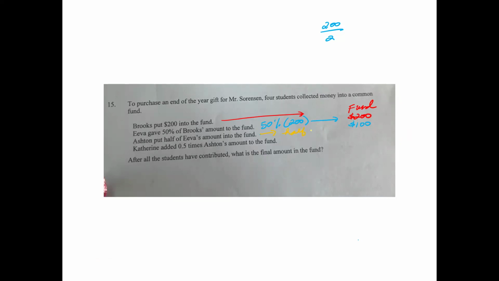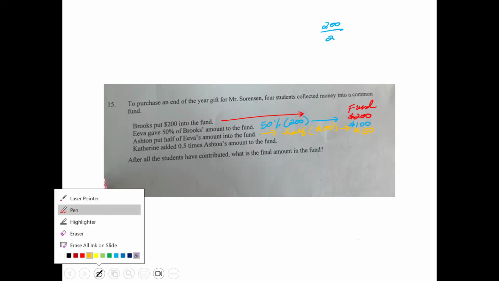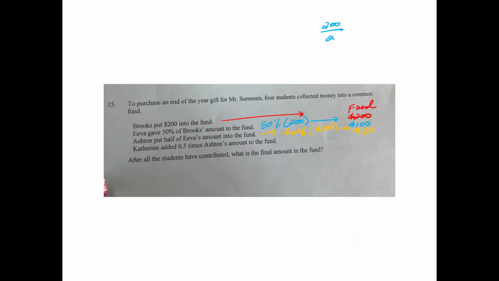So Ashton did half of Eva's. If Eva was 100, what's half of 100? Yeah, so there's now $50 in the fund, right? And what about Catherine? Okay, 0.5 times Ashton's. How much did Ashton put in there? $50, right?